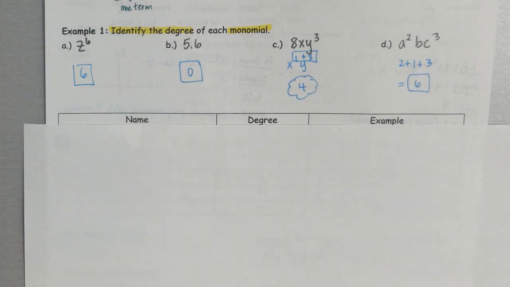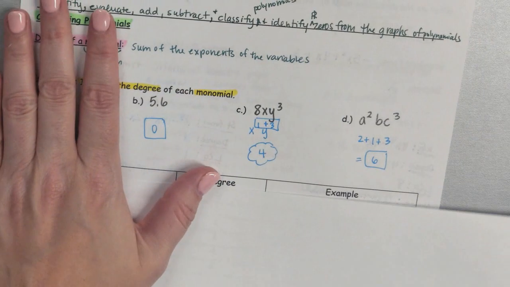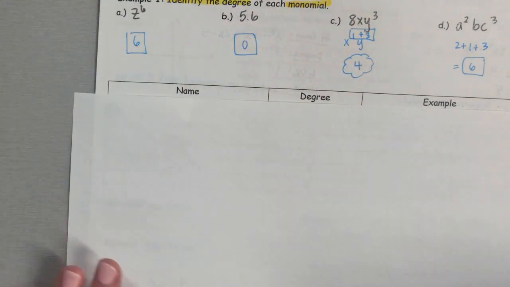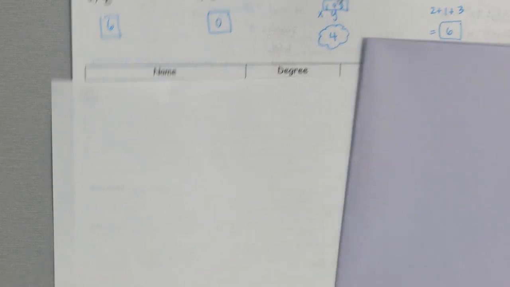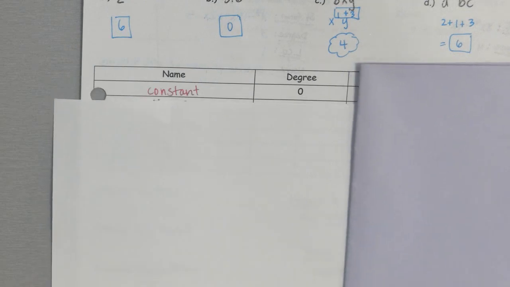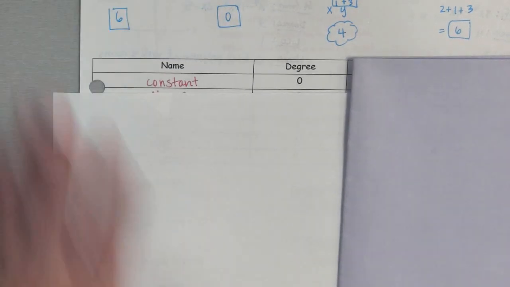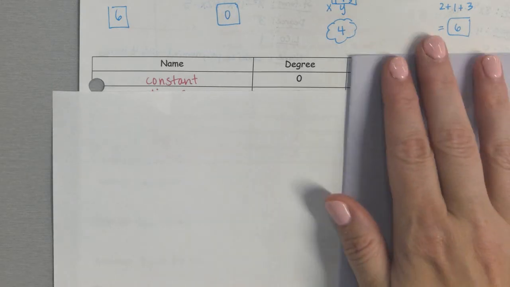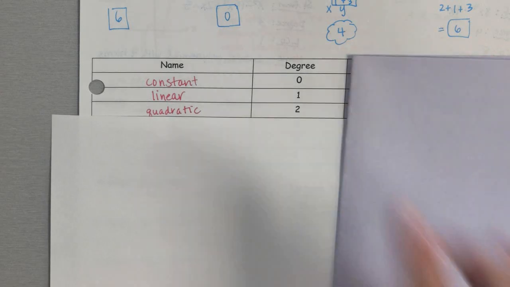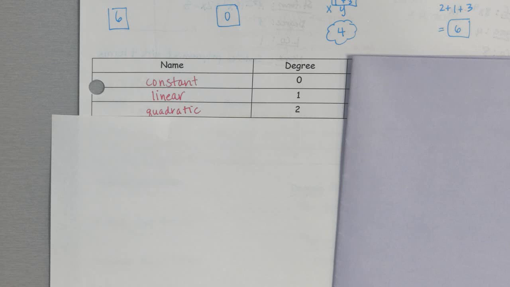Let's talk about the names of different polynomials. Okay, so these were monomials. We're going to look at some different polynomials here. So if the degree is 0, it is a constant term. And that's something we already know, right? We actually talked about that in chapter 1. We also talked about if the degree was 1, it'd be like x to the first power.